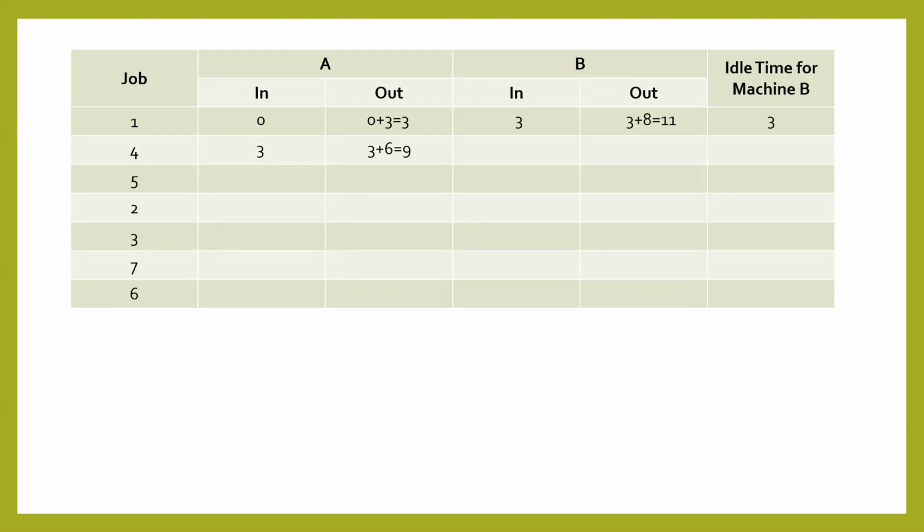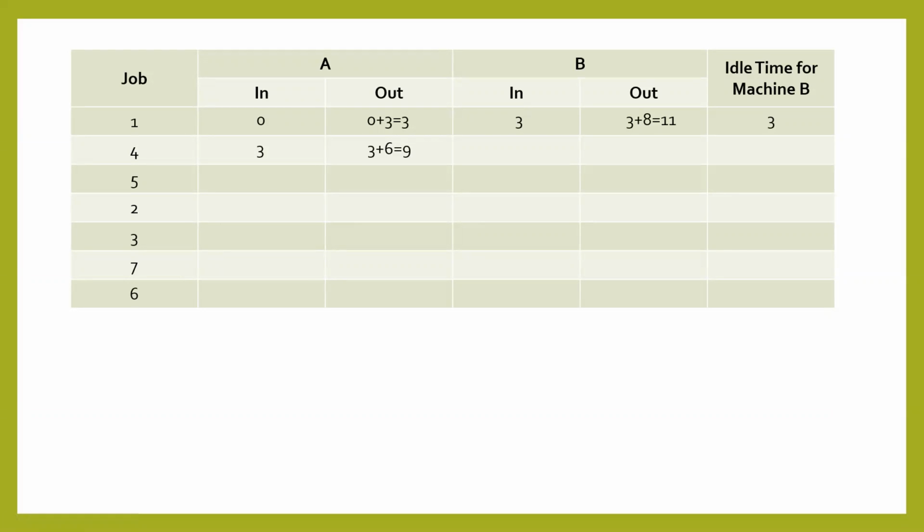Now, job number 4 will go to machine B after it is completed here. The out time for job 4 is 9, but job number 1 is still running on machine B because its out is 11.